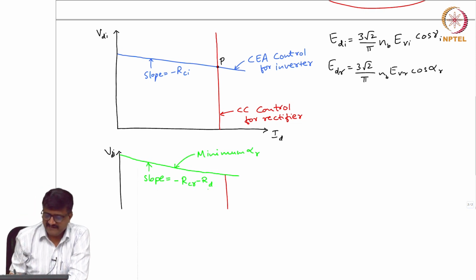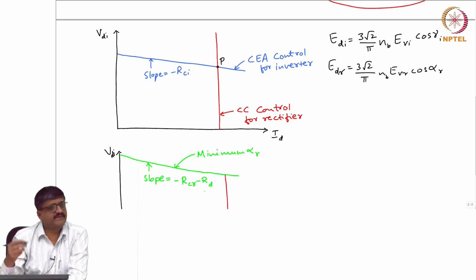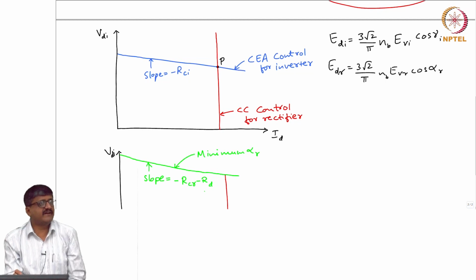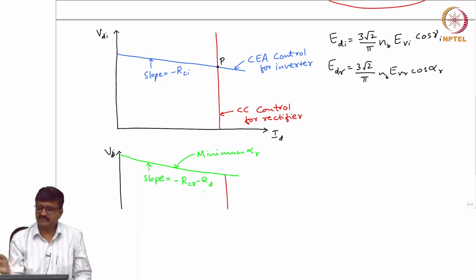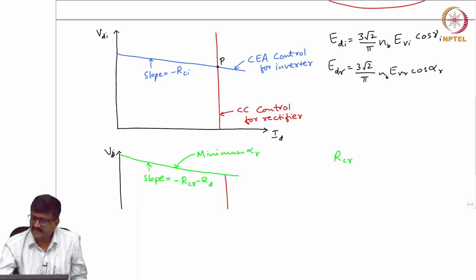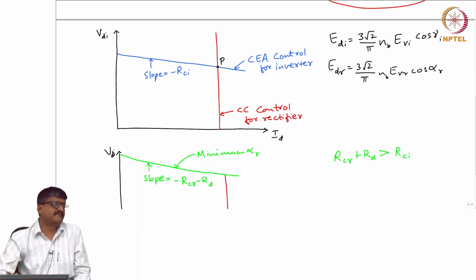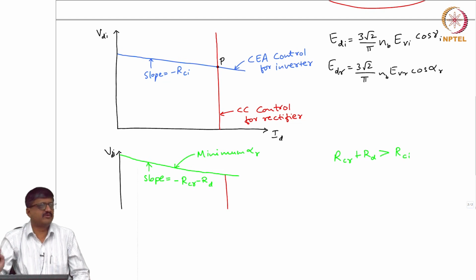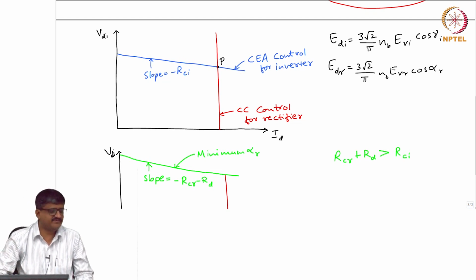So, RD is much larger than the difference between RCR and RCI. So, that is why the slope of the minimum alpha R characteristic is larger in magnitude compared to the slope of the CEA characteristic for the inverter. See, what I am trying to say is RCR plus RD is greater than RCI, because RCR and RCI are close, and RD is much larger than the difference between these two.